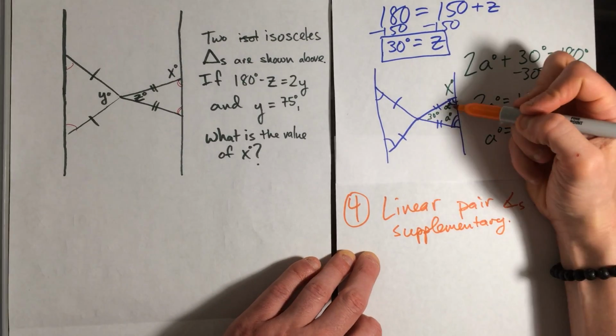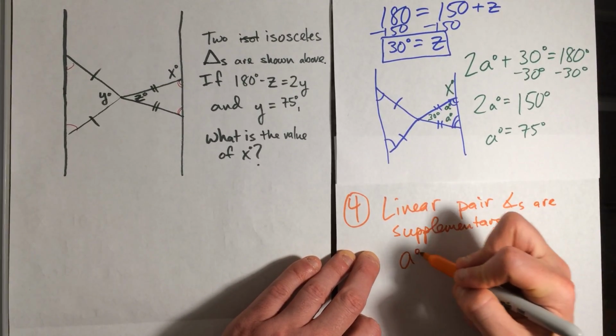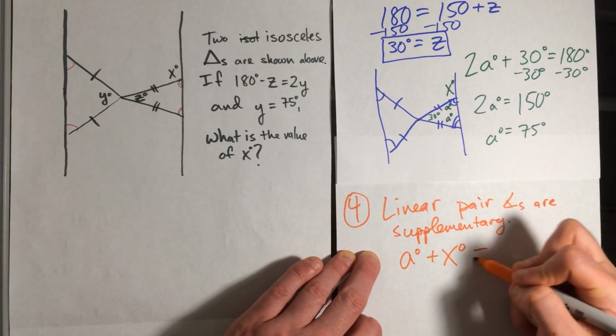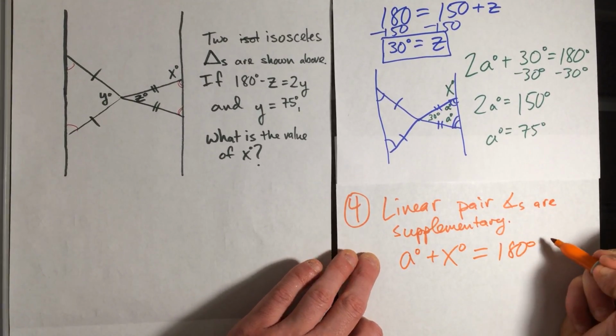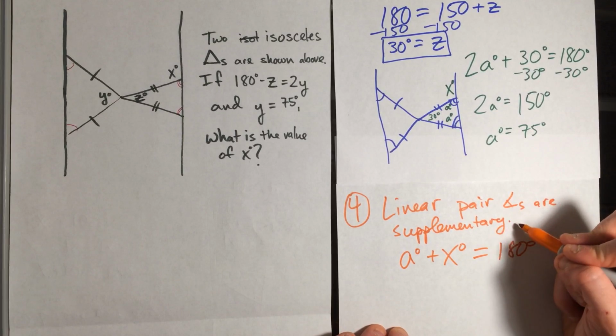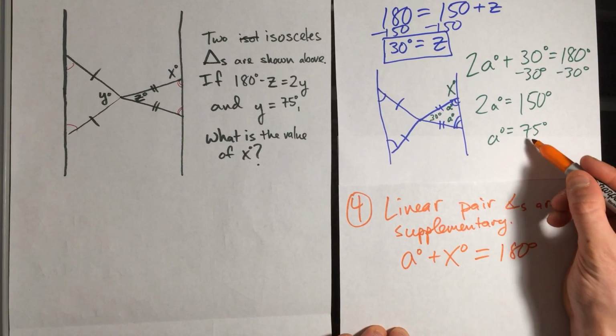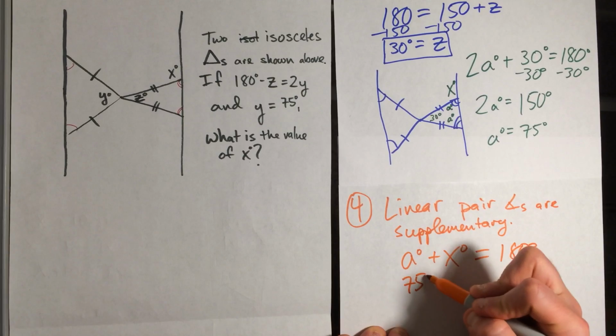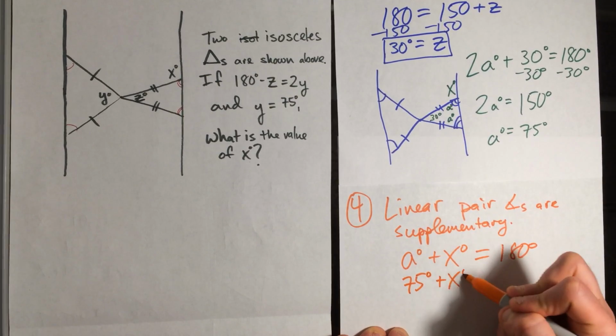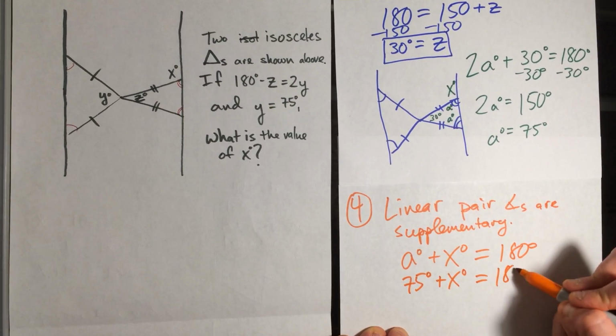And this means that angle A plus angle x here equal 180 degrees. That's what supplementary means, 180. So here, we know what A is, 75. So we substitute again, 75 plus x is 180.